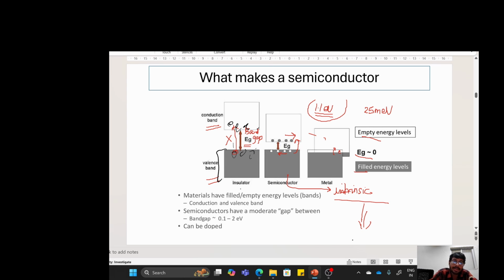And since the band gap is high, at room temperature there are not sufficient electrons in the conduction band to give us conductivity.